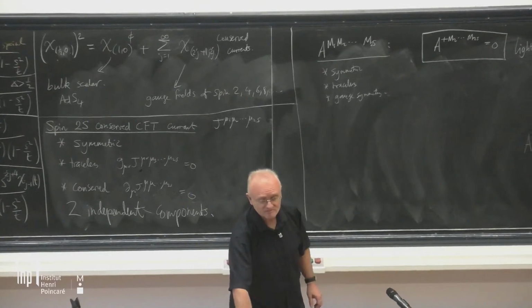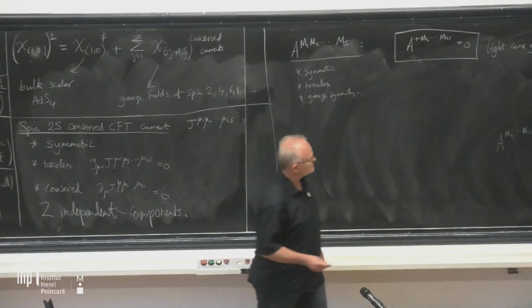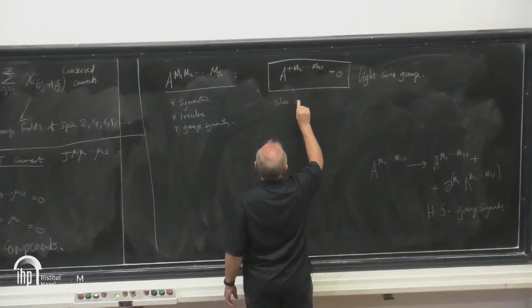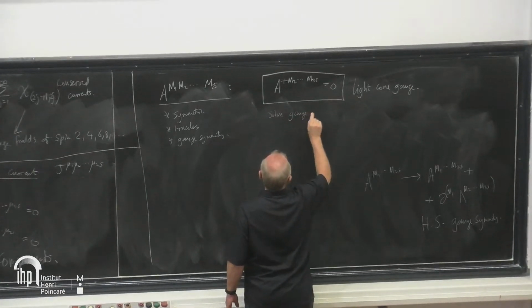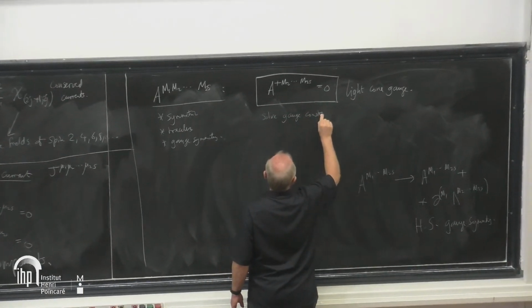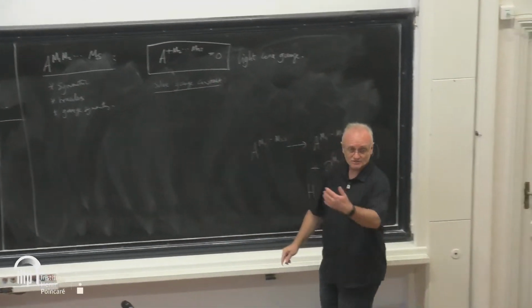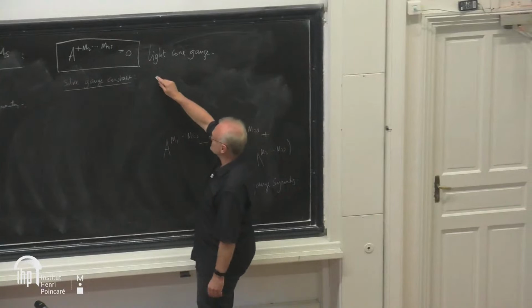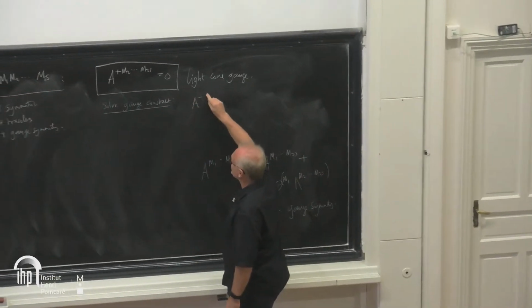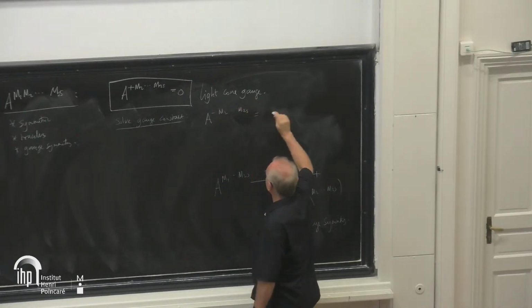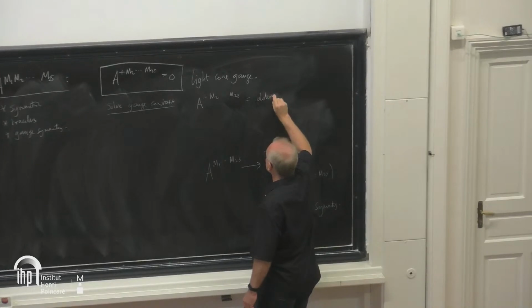Okay, so it's a technical analysis. I don't have time to go through it, but I'm going to tell you the result. So the result is easy to understand. If you solve the gauge constraint, and this is again now something non-local, the solution is non-local, you'll have A minus is equal to determined.